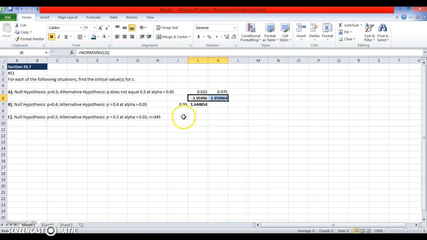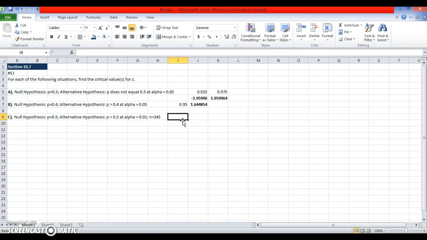And then we'll do our last one. Null hypothesis p is 0.5, alternative is p is greater than 0.5, at alpha equals 0.01. Remember, this is a 99% confidence level, and n equals 345. This is basically the same as B in terms of language: equal and greater than a value, with alpha, and they just added n.